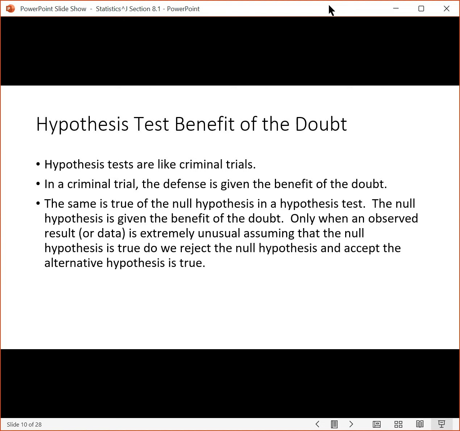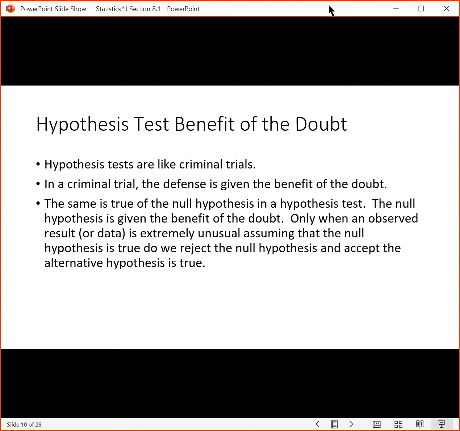This is the core idea behind a hypothesis test. You take the null hypothesis, the status quo, and you assume that is true. Then you run an experiment. If the results of that experiment are extremely unusual, assuming that the status quo was true, then you can say, maybe the status quo wasn't true.